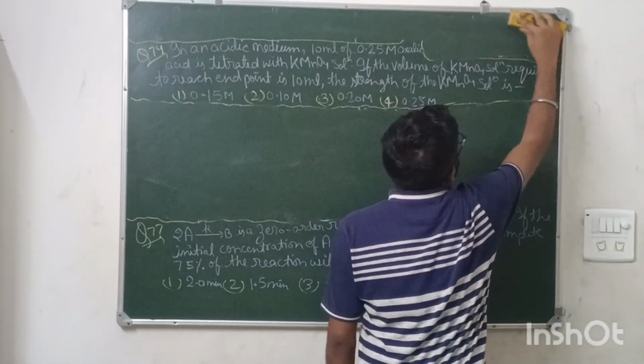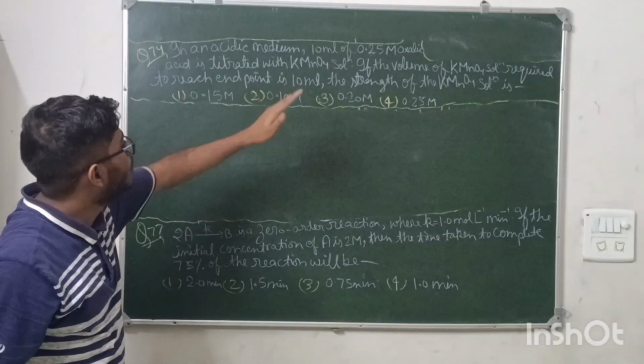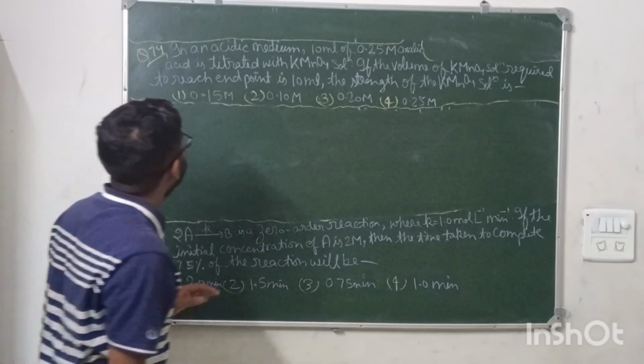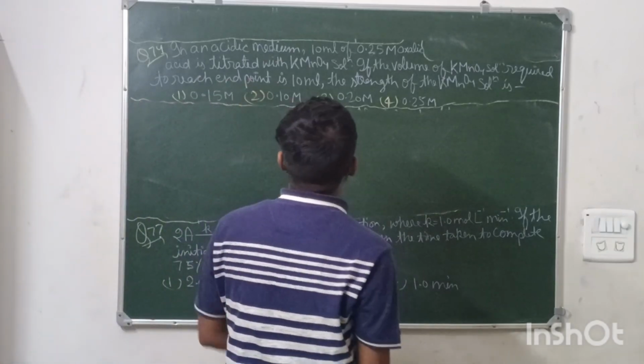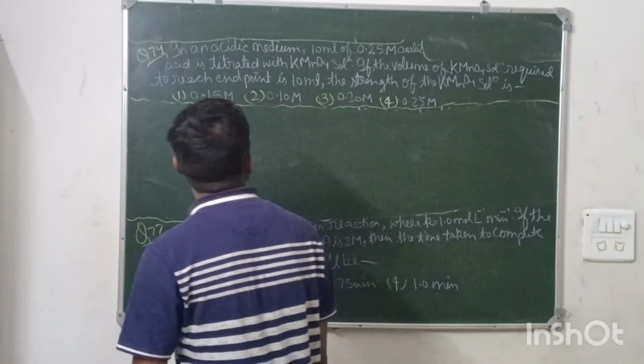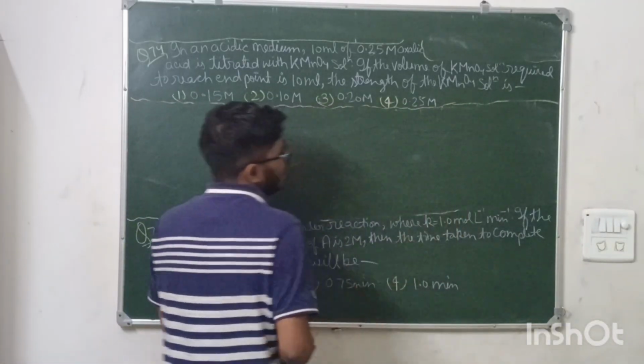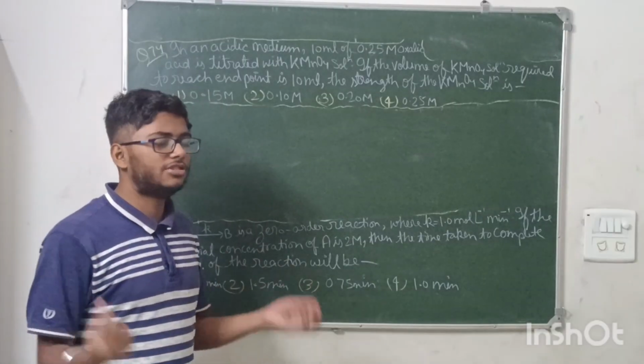Question number 74 is saying, in an acidic medium, 10 ml of 0.25 molar oxalic acid is titrated with KMnO4 solution. If the volume of the KMnO4 solution required to reach the endpoint is 10 ml, you have to tell the strength of the KMnO4 solution. Strength generally means molarity.